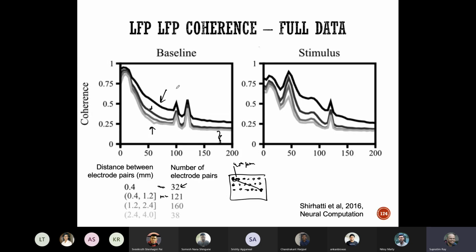The peaks here correspond to the refresh rate of the monitor and the second harmonic of the noise. In the US, the line noise is 60 hertz, so this is the second harmonic at 120 hertz. However, when you present a stimulus, you see a nice peak in the gamma range, which is maintained even when the electrodes are separated by 4 millimeters or so.